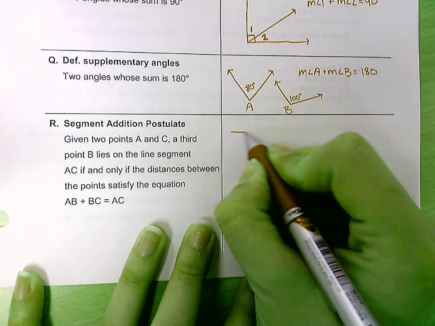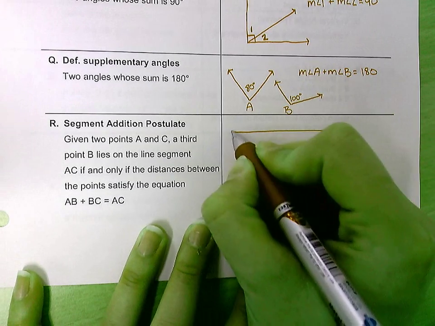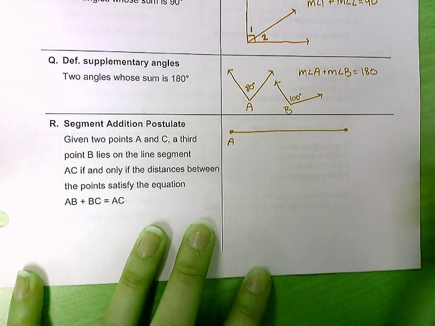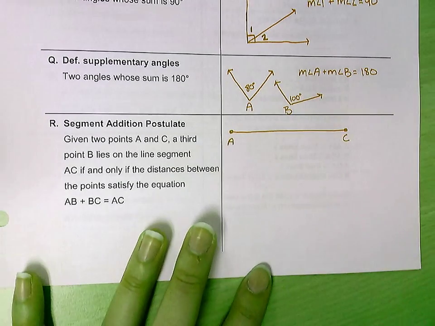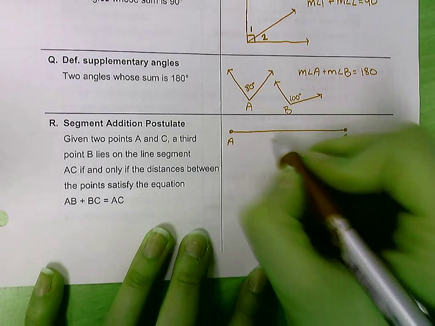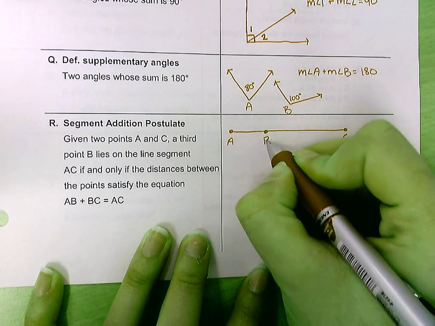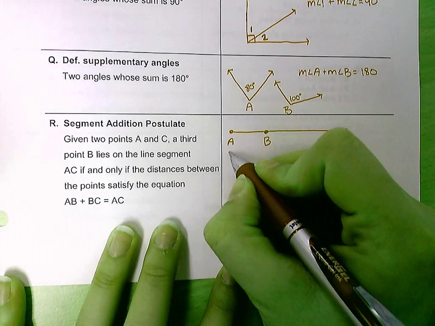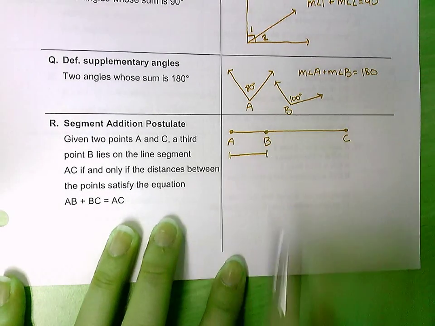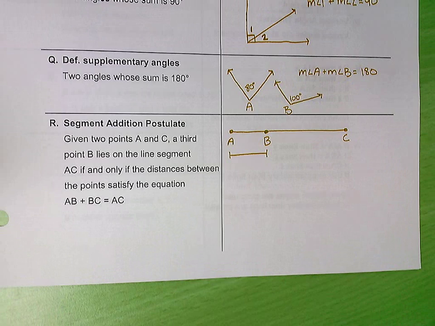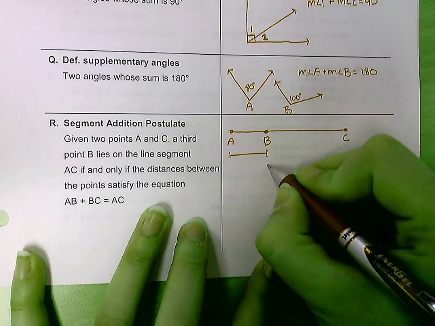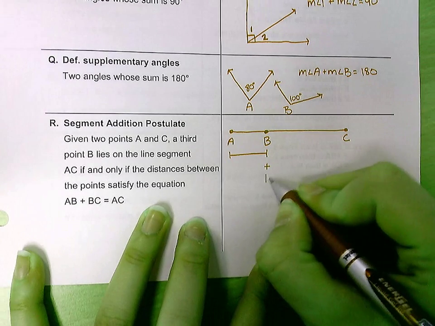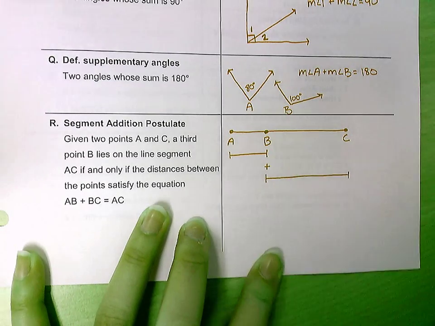So if I have this segment here, and I call it AC, and I have a point that is between those two endpoints, not in the center, but just a point between those two endpoints, what I could do is take this segment AB, so that length right there, and add on BC.